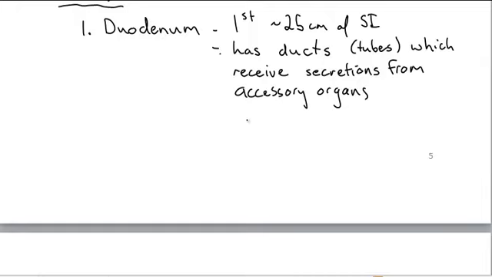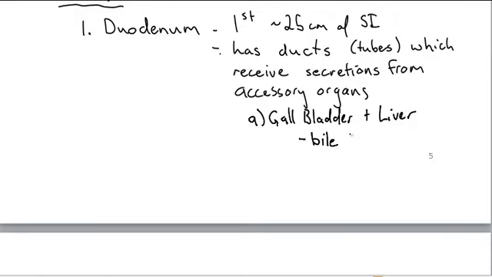So A, it gets secretions from the gallbladder and liver in the form of bile. So the gallbladder and liver secrete bile into the small intestine.